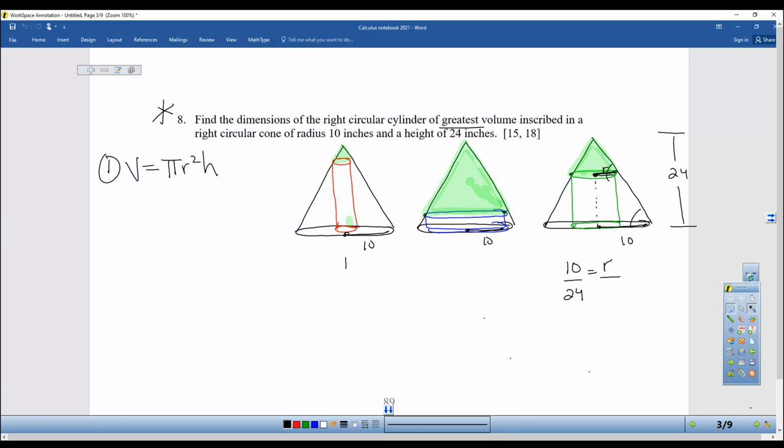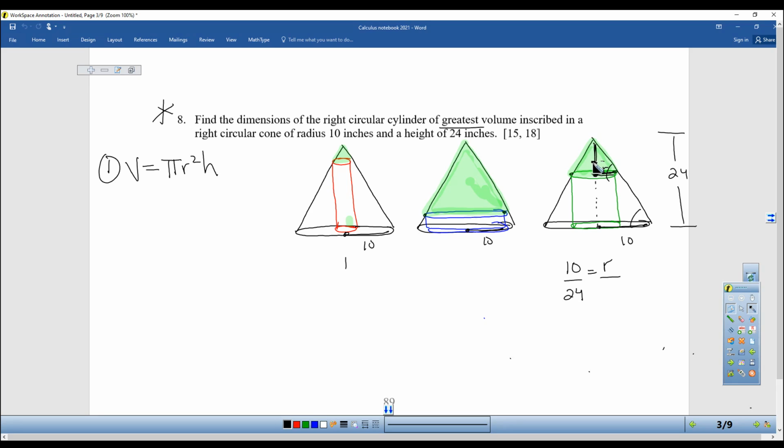Well, not the same, but they're what we call similar, which means they're proportional. This green triangle and the overall one, similar. This cylinder isn't. It's the green triangle that gets left after the cylinder. So that cone on top has a radius of R, and this is its height.